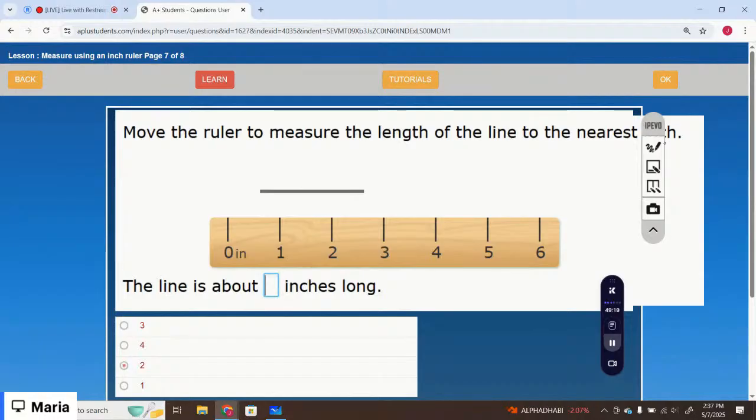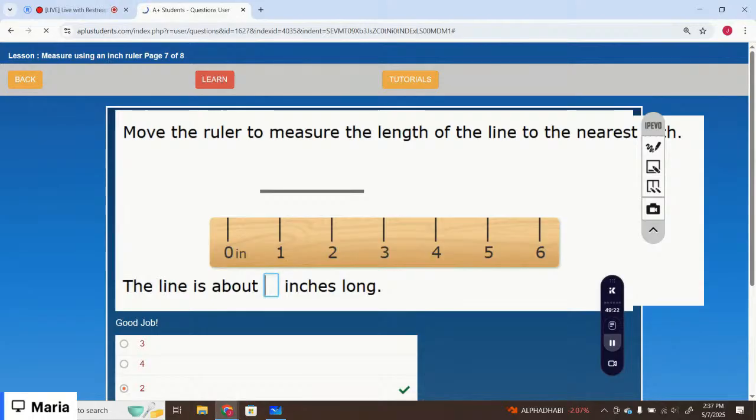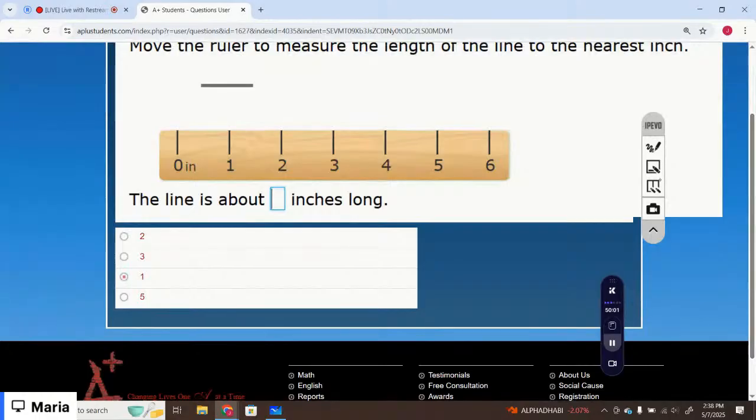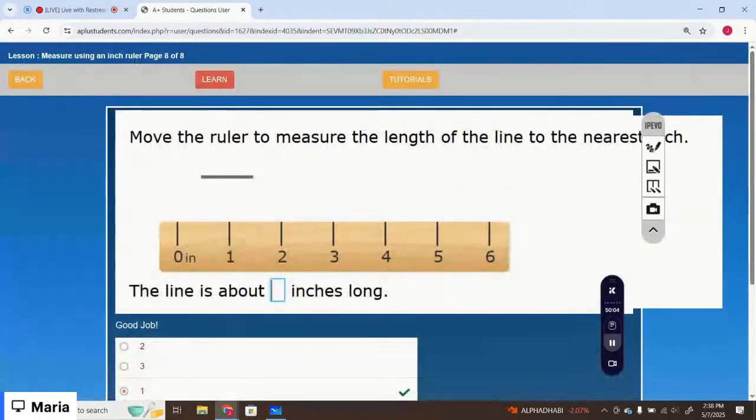Option number three is the correct option. That is 1 inch long. Option number three is the correct option.